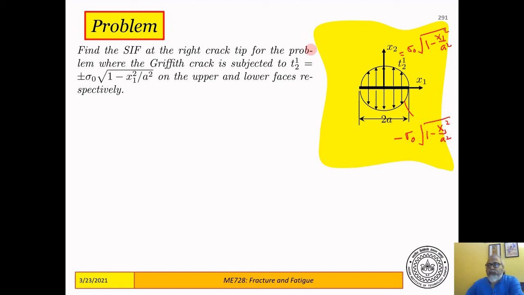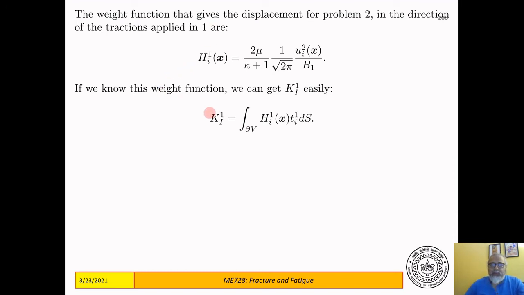the minus sign. So this is of course a mode 1 situation, so we can use the mode 1 weight functions, and we will use this expression here to find K1.